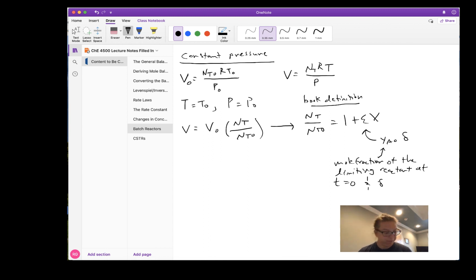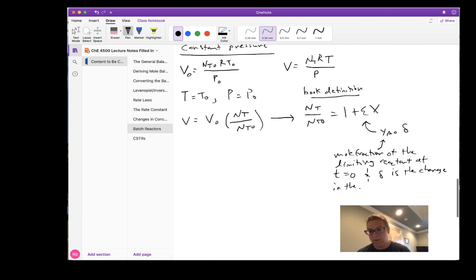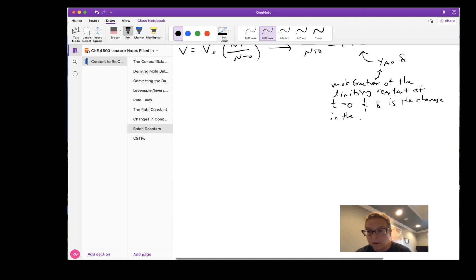And delta is the change in the number of moles per mole of limiting reactant that reacts.